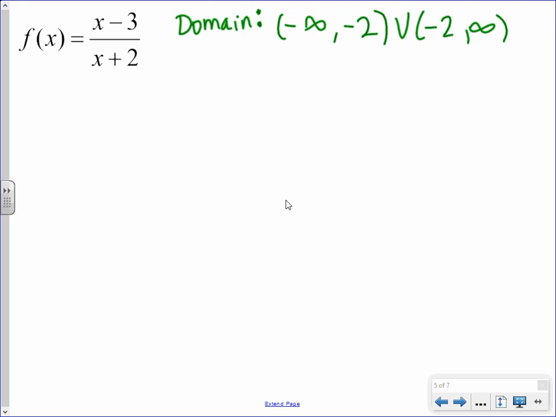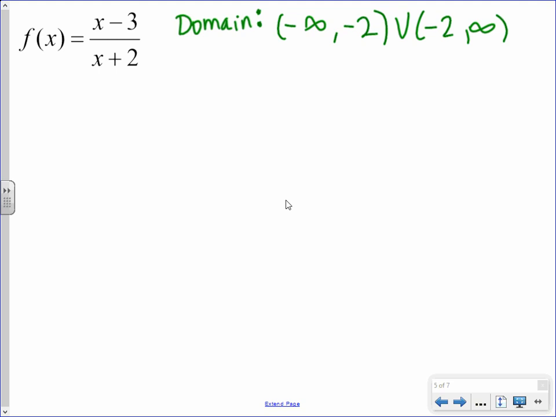If there's a vertical asymptote, what else is there? There's a vertical asymptote, and there is a horizontal asymptote. Okay?